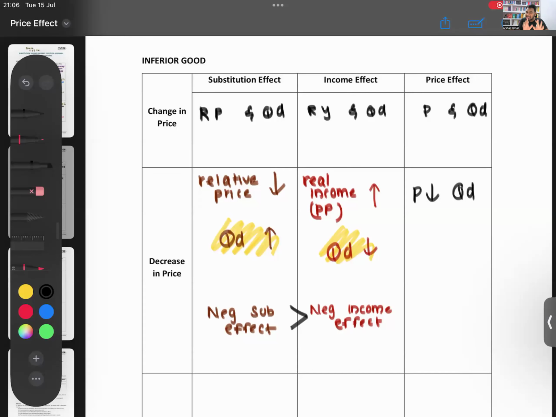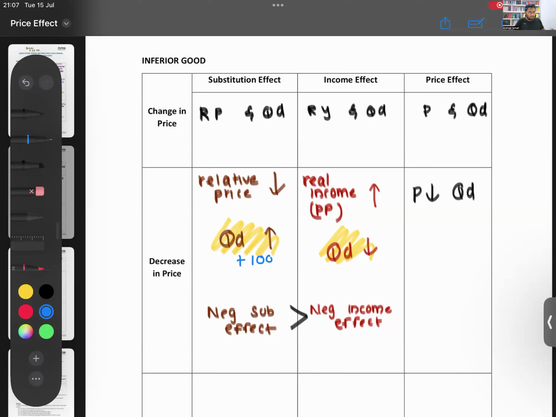I'll put numbers and explain, it becomes easy. So if I put some numbers here, watch carefully. The substitution effect is saying, look here, if the price decreases, QD will increase by plus 100.